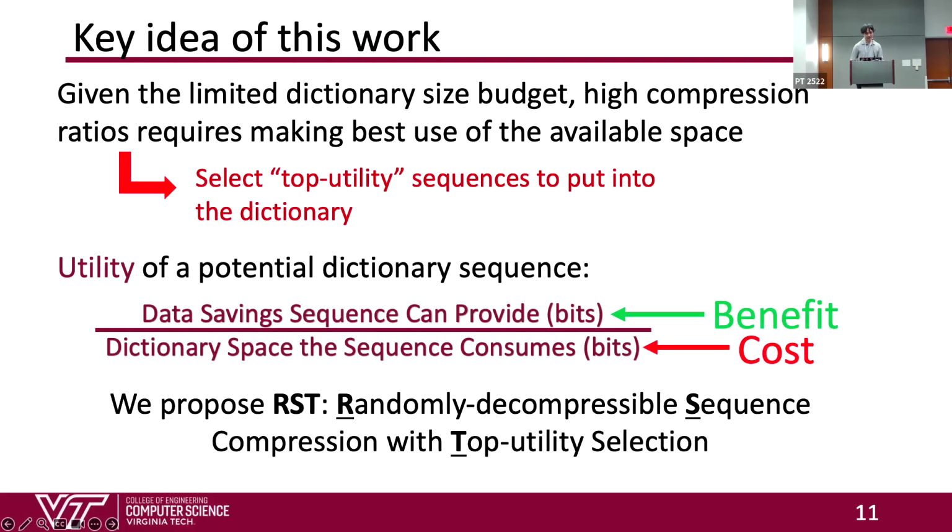And we call this RST, or randomly decompressible sequence compression with top utility selection. To achieve this, we have to design a new sequence compression algorithm competing with LZ and a new accelerator for that compression algorithm. From the ground up, this algorithm is designed to maximize the utility of the dictionary.